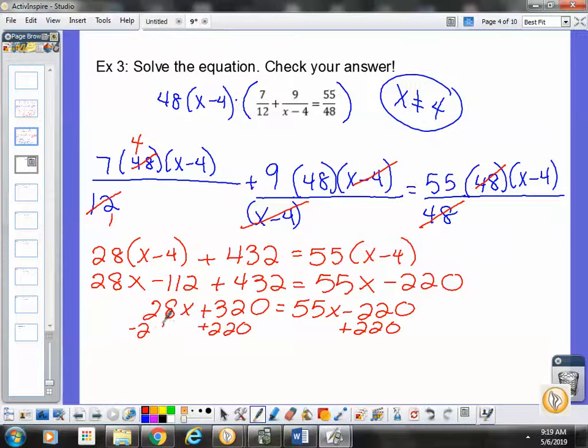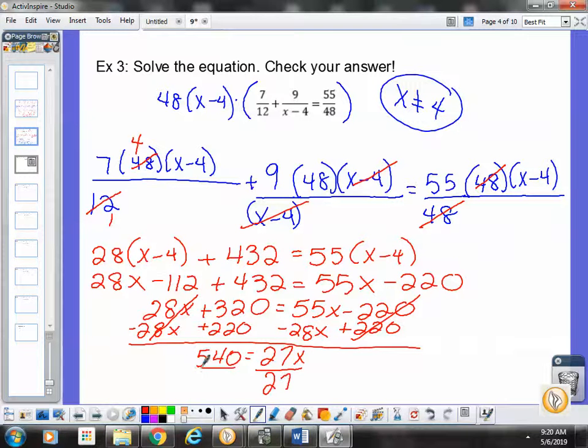I'm also going to subtract 28x. We're just solving equations. We can do this. 320 plus 220 is 540, equals 55x minus 28x, 27x. We'll divide by 27. 540 divided by 27. I'm assuming you can distribute and solve an equation like what I've done in red. I'm going through that quickly because you should know this for sure.